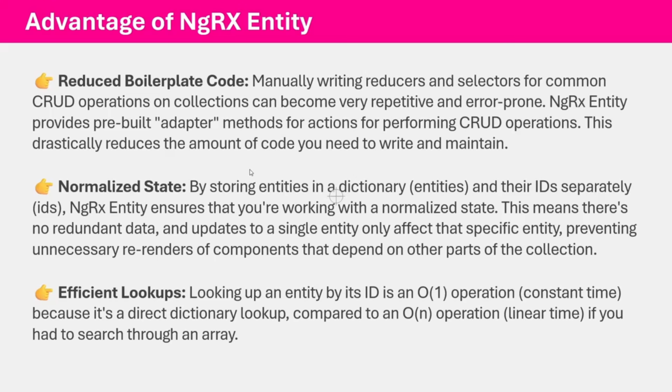And by doing this, it prevents unnecessary re-renders for components that depend on other parts of the collection. Then when you search an entity using its ID, that operation will be very fast and it will improve the performance of your application. Because here, since the data is stored as a dictionary, we do not have to do any kind of iteration to find the desired data.